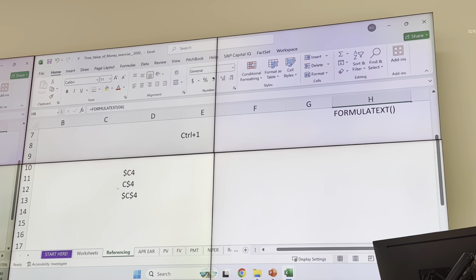Now let's look at an example, right? So for example, I have a value, suppose 125. I have a value of 50.